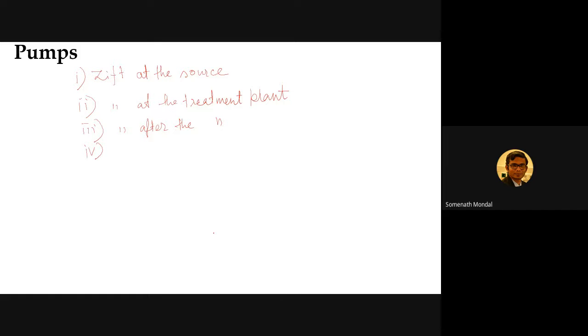And number four, in the distribution system. Now you might have heard of the booster pump. The main purpose is this: if water is moving through gravitational force, and after a certain point the quantity of water is less, because there might be several consumption points before that point, we may need an extra pump to create additional pressure to reach the farthest consumption point.